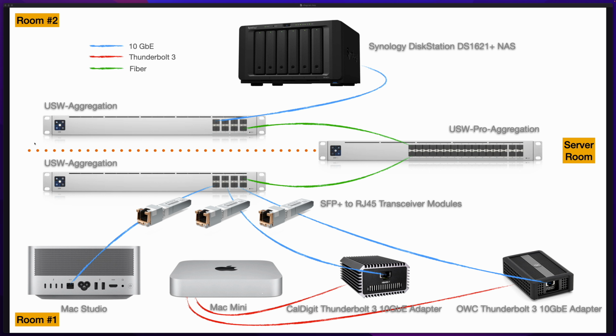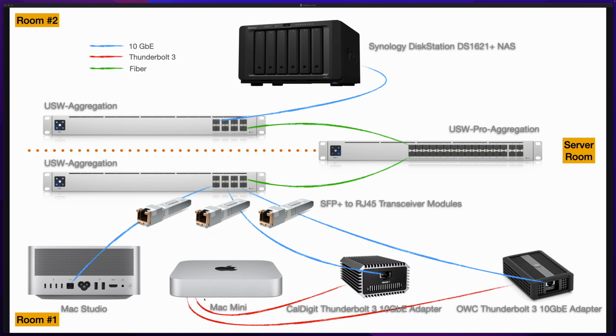All my devices for this test are located in 3 different rooms. In the center, in the server room, I have a Ubiquiti Unified Aggregation switch. In the client room, I have the 2 Mac machines, and the Mac Studio is directly connected to the Unified Aggregation switch using an Ethernet cable.